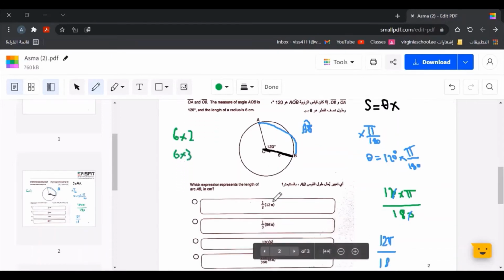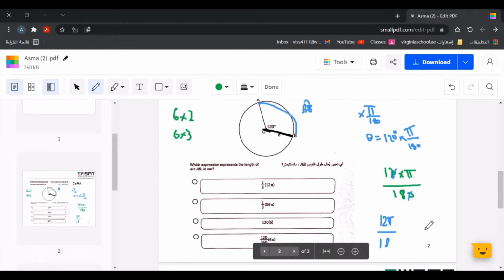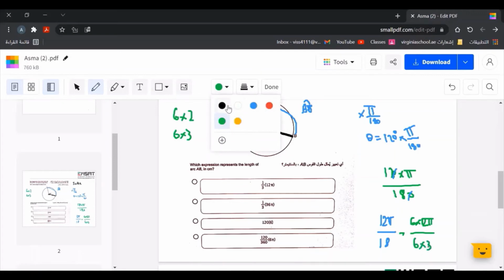So 6 times 2 equals 12, and I'm going to leave the pi here, and then over 6 times 3, which is 18. And now we can cancel the 6. As we can see here, we have 6 up and 6 down.